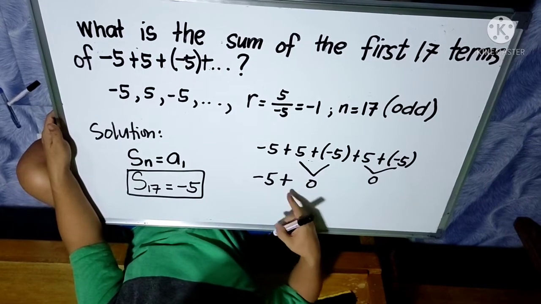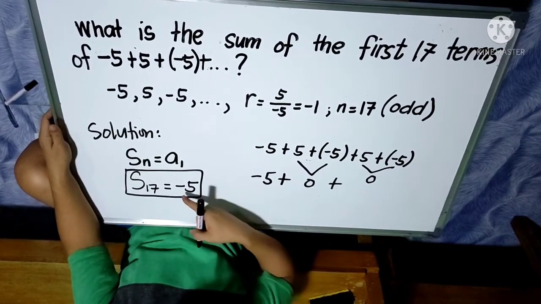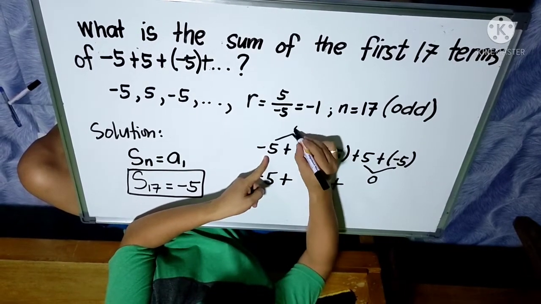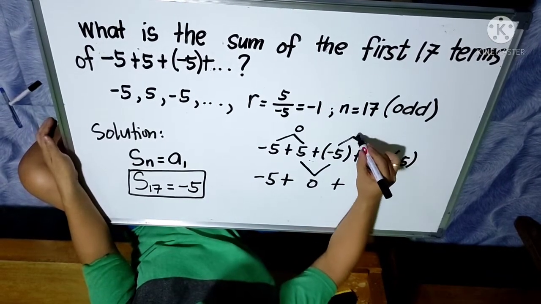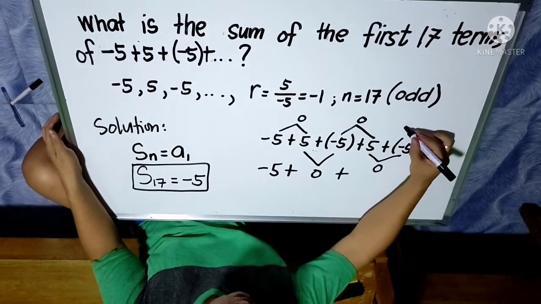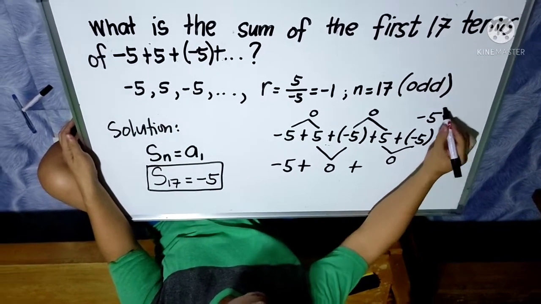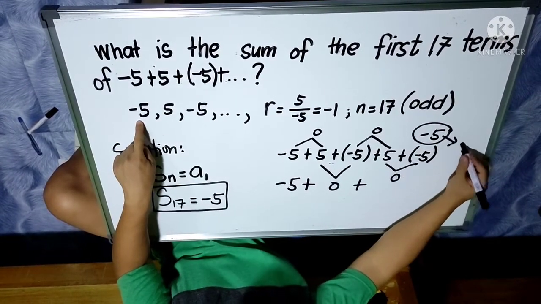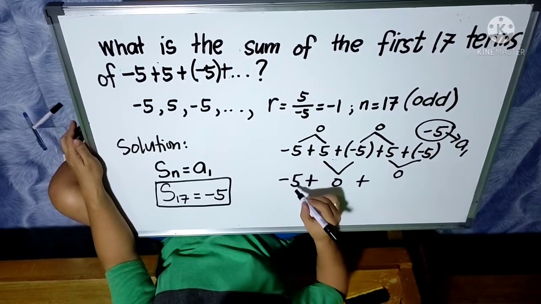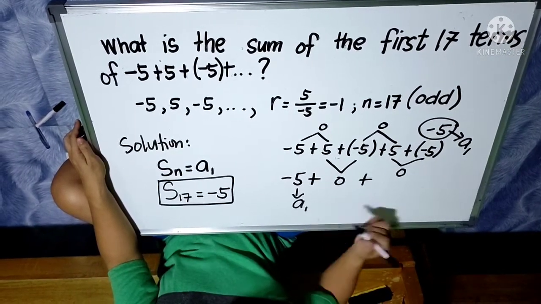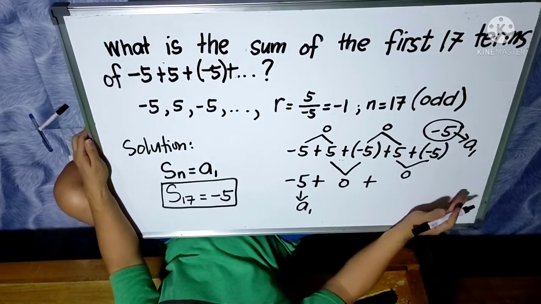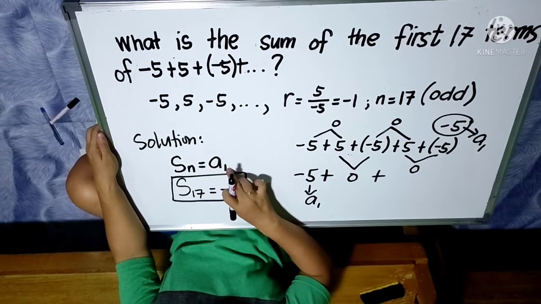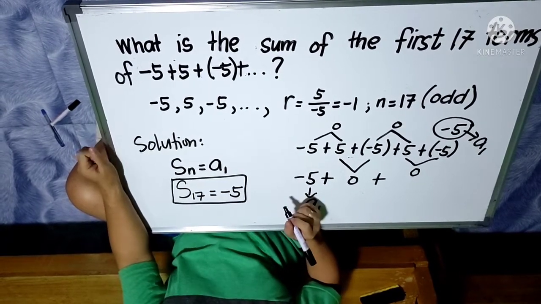So negative 5 plus 0 is negative 5. Or you can have negative 5 plus 5 is 0, negative 5 plus 5 is 0, and then what is left is negative 5. Our negative 5 is equivalent to your first term. So very simple. If your r is negative 1 and n is odd, then the formula is S sub n is equal to a sub 1, automatic.